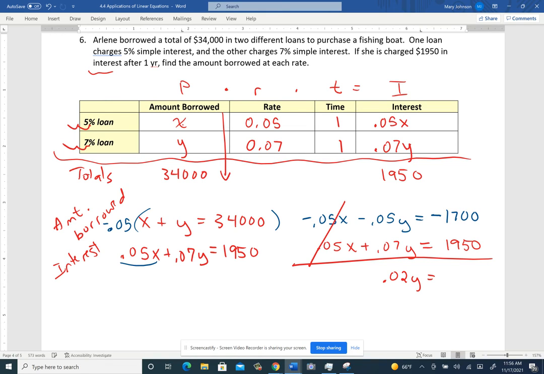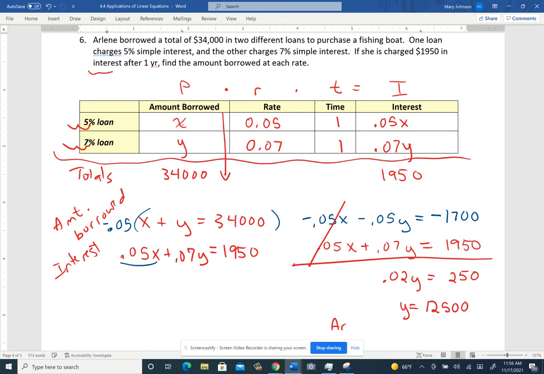And then 1950 minus 1700 should be 250. And so I just need to take 250 divided by 0.02, and I get 12,500. Okay. All right, and that 12,500, that's the amount borrowed.